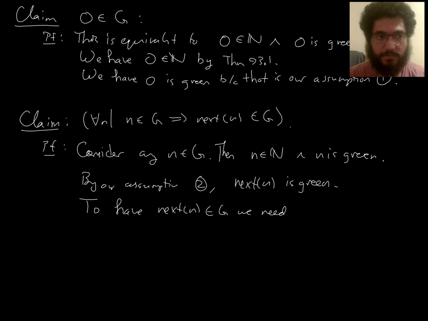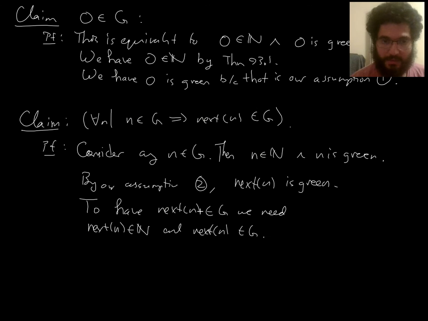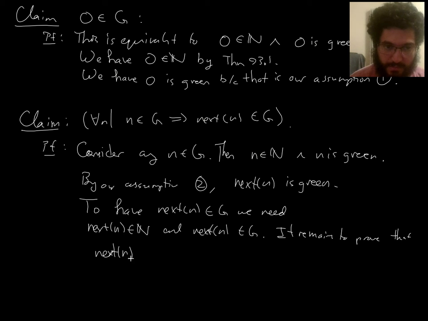We have one of those two. We need next n to be a natural number, and next n to be green. We have next n is green. So it remains to prove, what's left is that next n is a natural number.